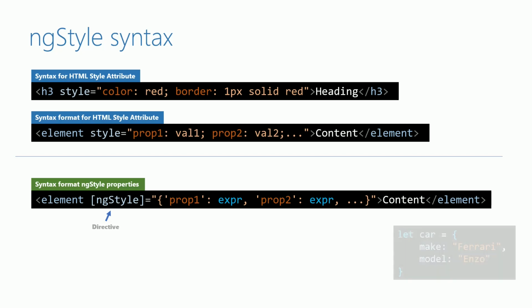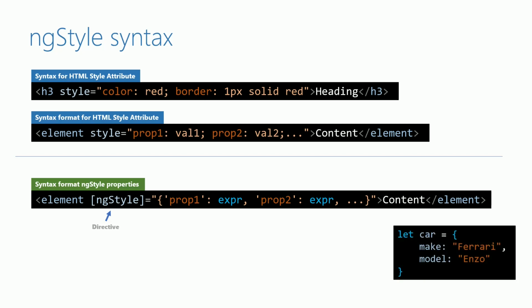This is the syntax of JavaScript object for your quick reference. In the value of ngStyle attribute, we can see curly braces included in the beginning and end to represent an object. Each property is separated by comma instead of semicolon. Also notice each style property is enclosed within single quotes.